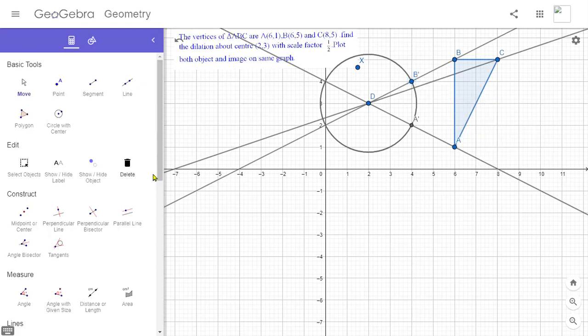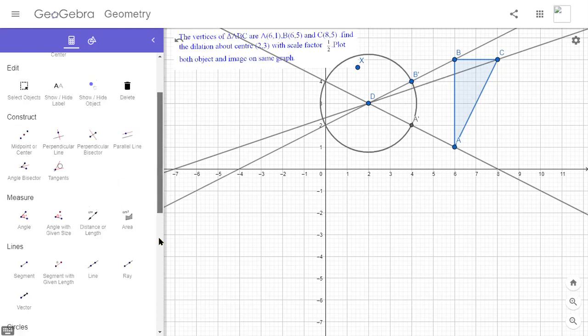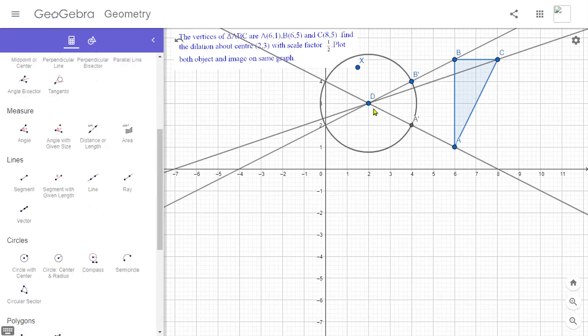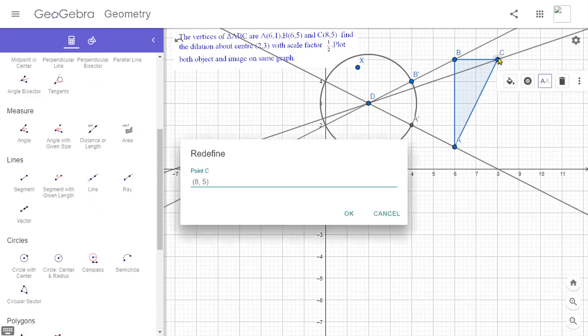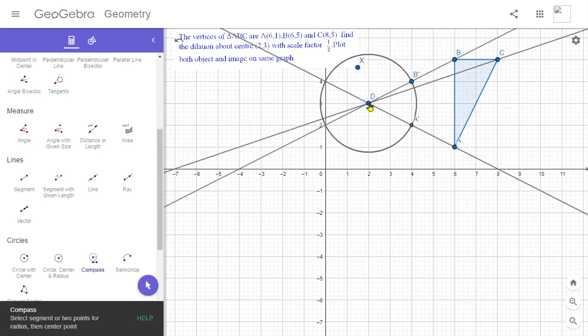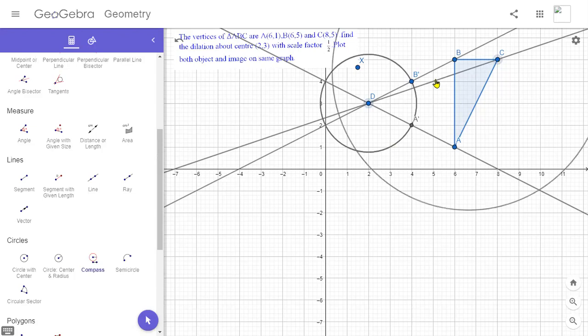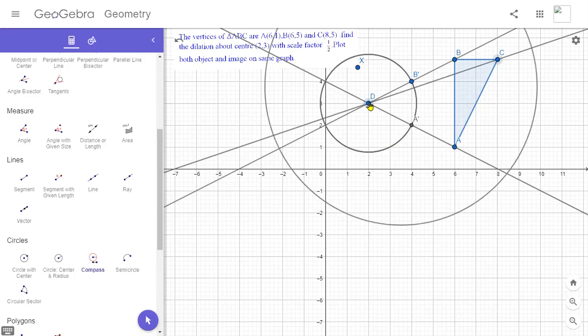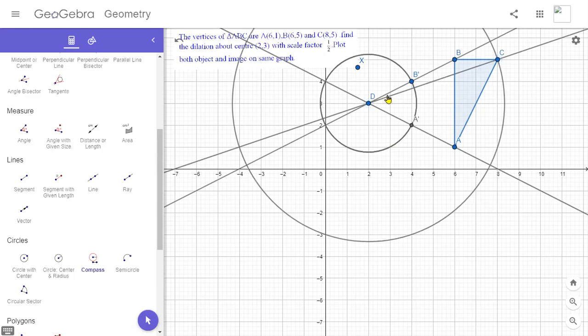And let's do the same thing for the vertex C also. Let me do the same thing, measuring DC. Let me just measure the line segment DC. Let me choose this tool, just measuring D to C. This is the circle of the radius DC, and we have to take the distance exactly half of DC.